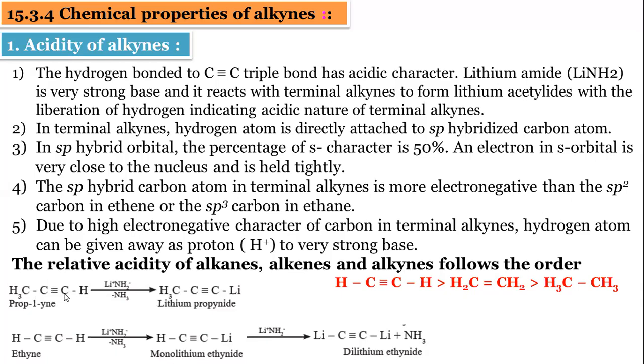When this hydrogen is directly attached to an sp hybridized carbon atom, it is more acidic because this carbon is more electronegative. Why is this more electronegative? Because the electrons present in this carbon are closer to the nucleus and are tightly held, so it becomes more electronegative.